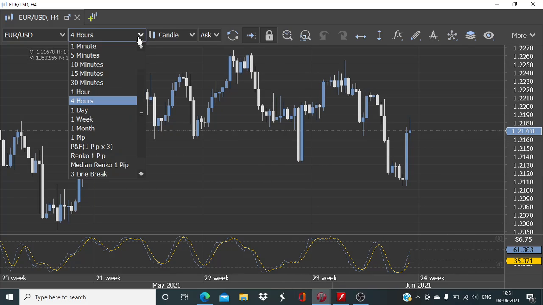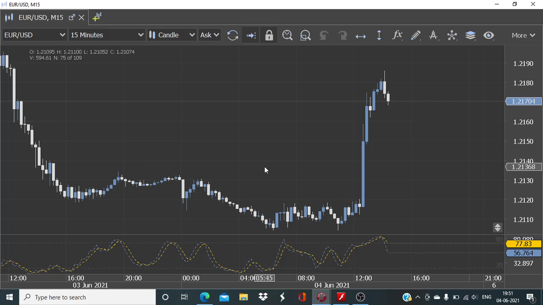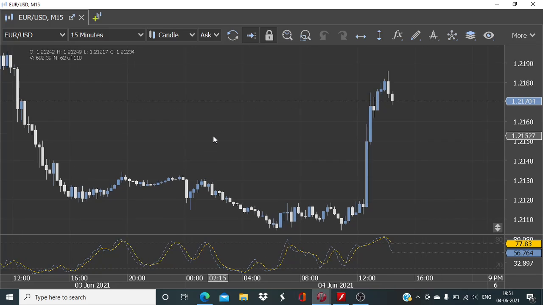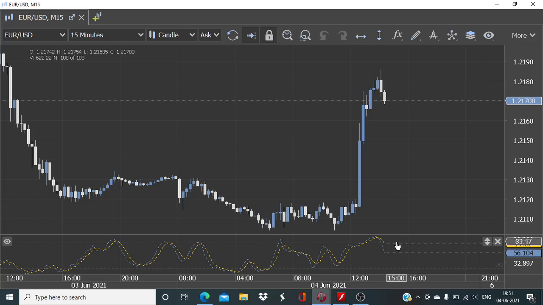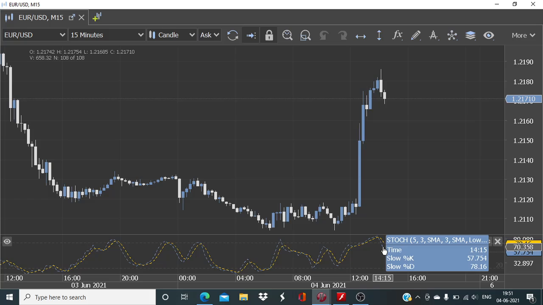Once the conditions are in place on the 4 hourly time frame, we shift our attention to the lower time frame of 15 minutes. On the 15 minutes, we want the trade to be initiated as and when we have the crossover happening, and this crossover is when the slow percent K value dips below the slow percent D value in last 15 minutes. We will be looking to initiate the sell trade provided the last 15 minutes output for slow percent K and slow percent D are still above 50.